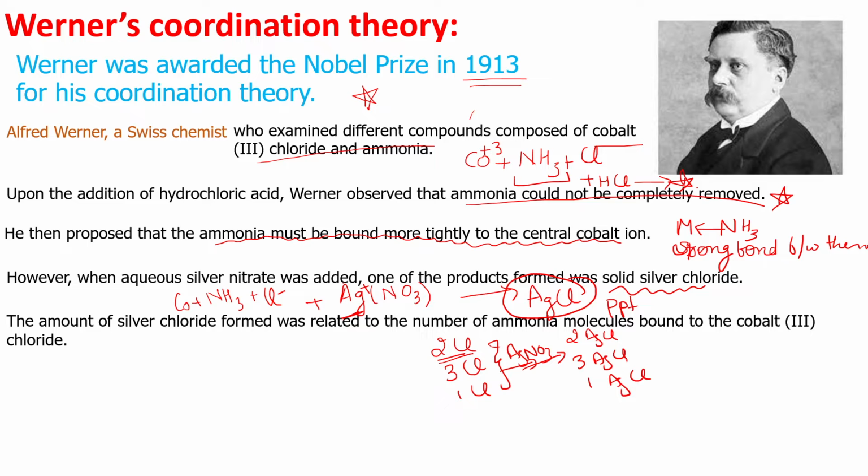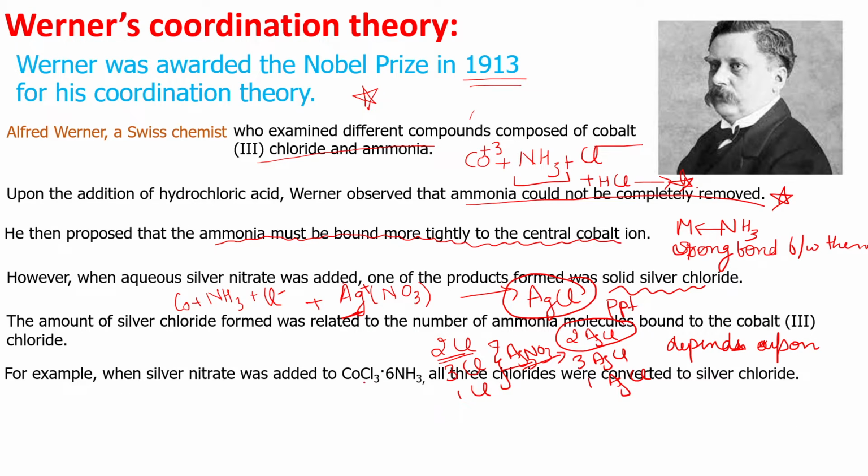So from here, he concluded that the amount of AgCl coming out depends upon how many chloride ions are there in the reaction mixture.